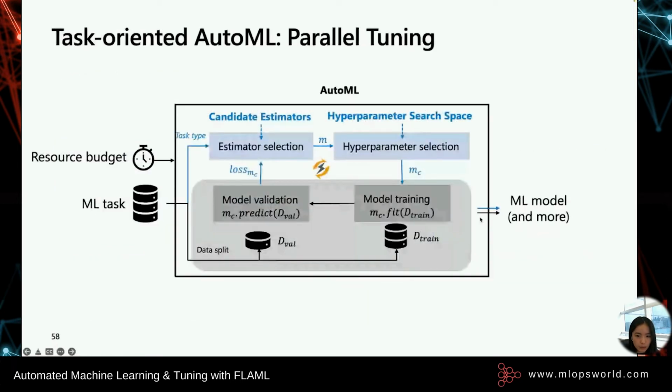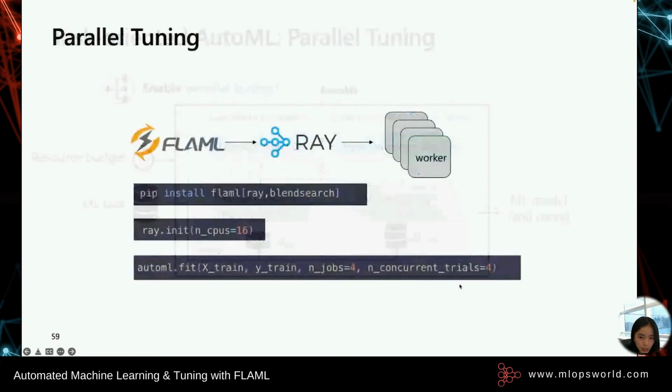So if a large amount of computing resource is available, parallel computing can greatly reduce the workload time of AutoML. In FLAML, doing parallel tuning is fairly easy. And FLAML uses Ray as the parallel tuning backend. To enable Ray parallel tuning, you just need to install Ray and blend search related dependency.